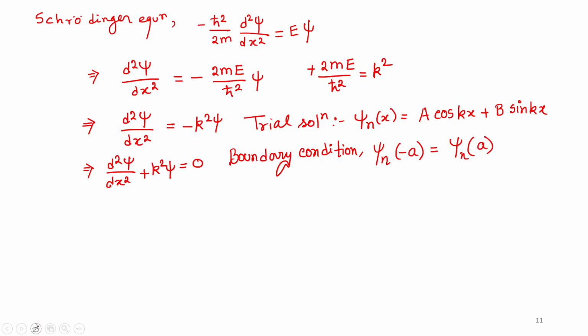I should not write psi n now, because I have not introduced the quantum number, so let us write only psi of x. So this is my boundary condition. What is psi of minus a? It is a cos of k times minus a.